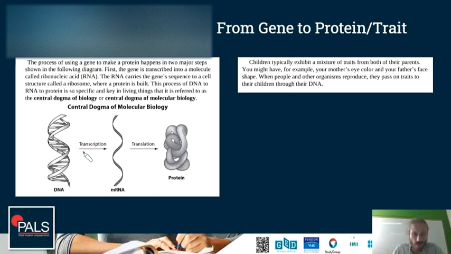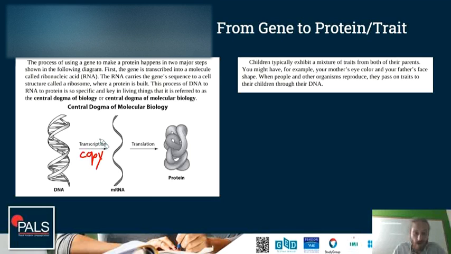To transcribe simply means to copy. So a certain piece of DNA, the gene, is copied or transcribed into a molecule that's very similar to DNA, which is called RNA. And the RNA is simply a copy of that specific gene and contains the information for that gene.